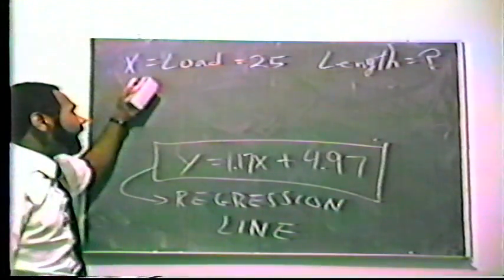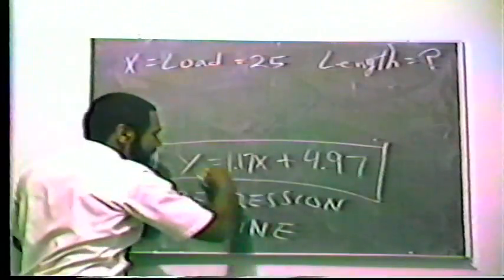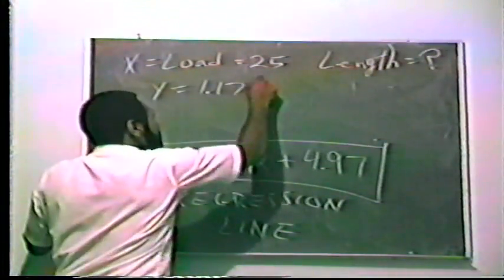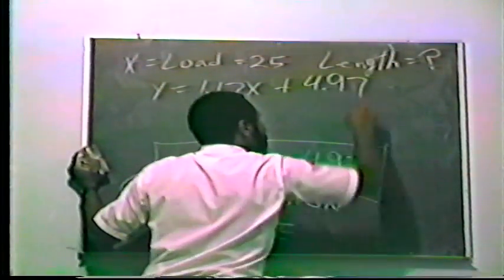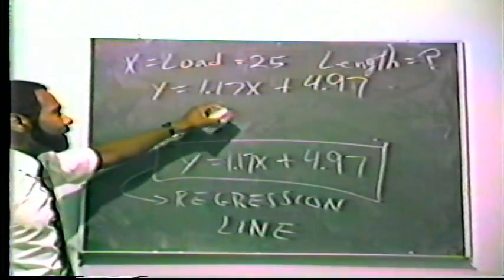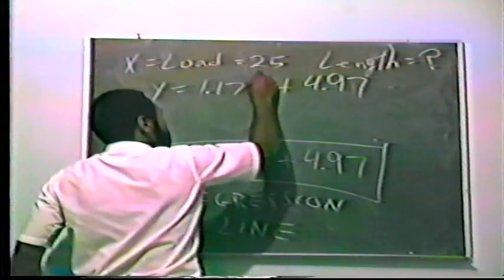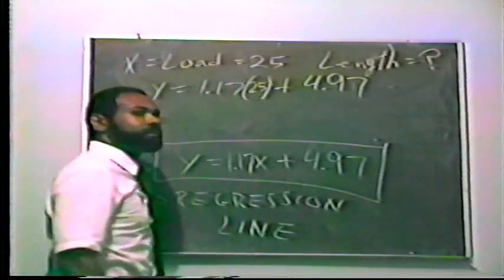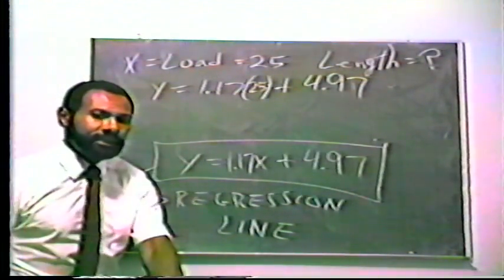We're saying that x equals 25. So we take the regression equation, y equals 1.17x plus 4.97. We're saying that x is 25, so instead of the x here, we substitute in parentheses 25 for x.